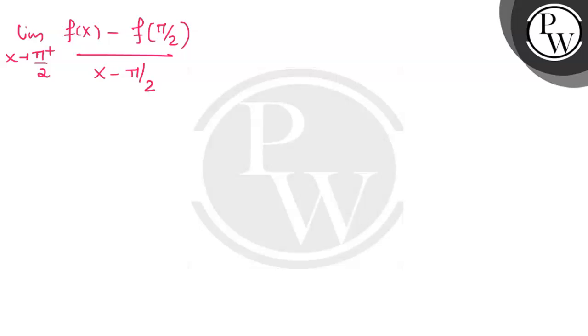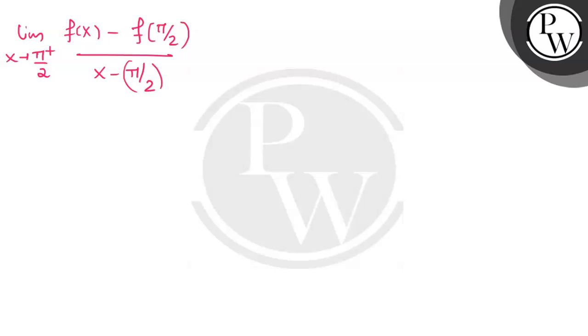Now let's check the right hand derivative. So limit as x goes to pi by 2 plus of f(x) minus f(pi by 2) divided by x minus pi by 2.